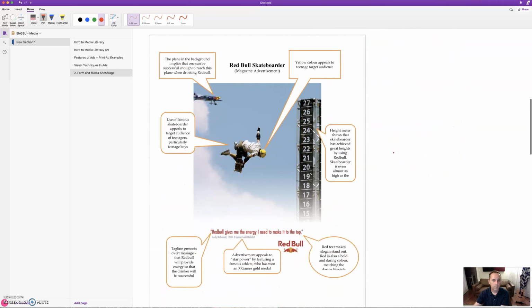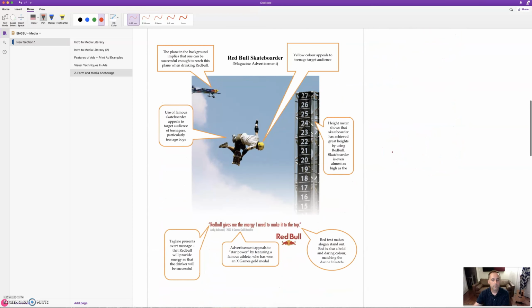Okay, let's look at an example. Here's a Red Bull skateboarder magazine ad. And you notice the plane in the background implies that one can be successful enough to reach this plane when drinking Red Bull. But the plane actually starts our eye coming in, like the plane is almost coming in off screen, and our eye starts to go in this direction.